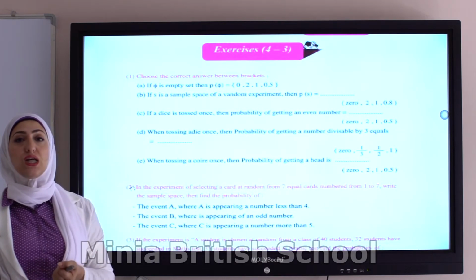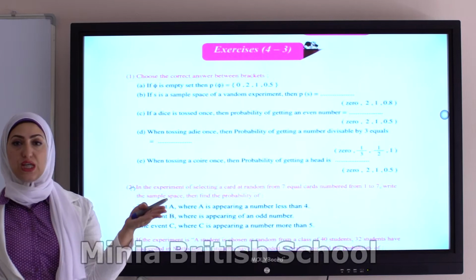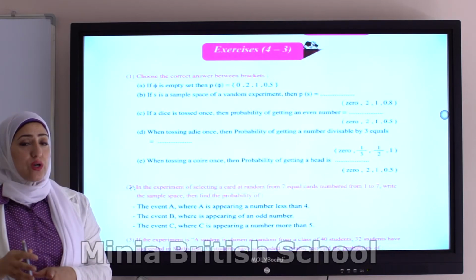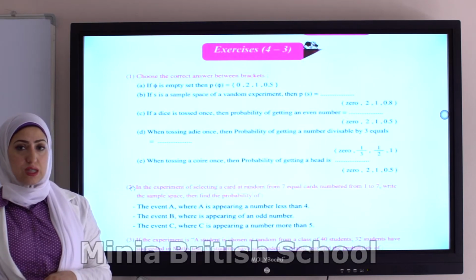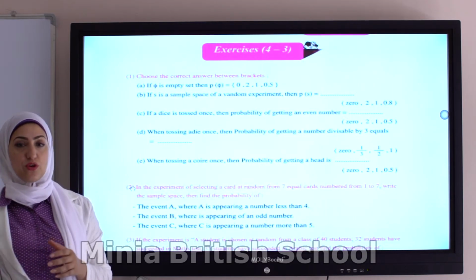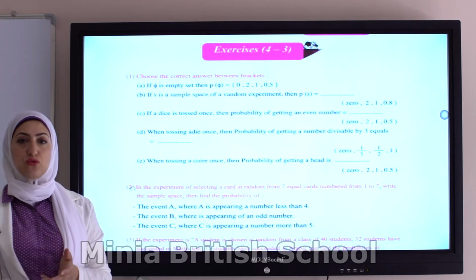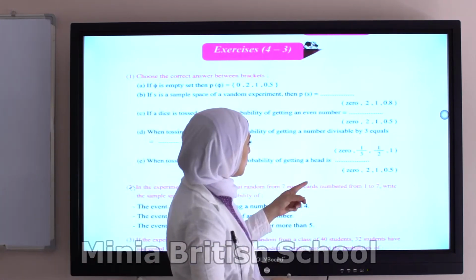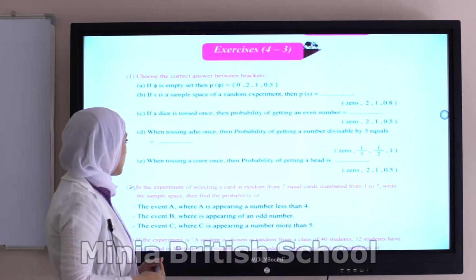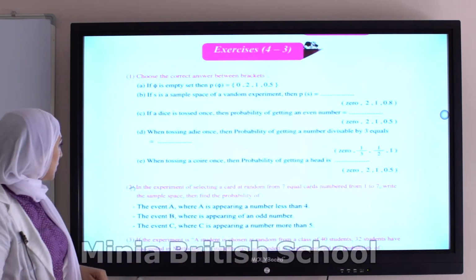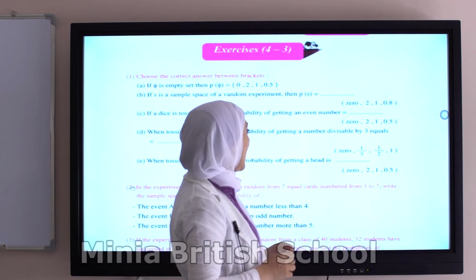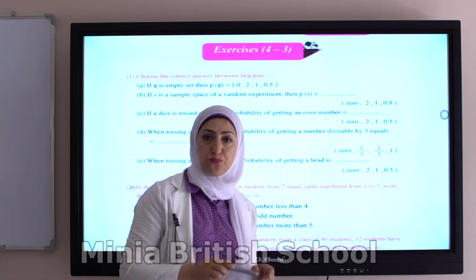I have only 2 numbers, 3 and 6, that are divisible by 3. So the number of events equals 2. 2 over 6 means 1 over 3.